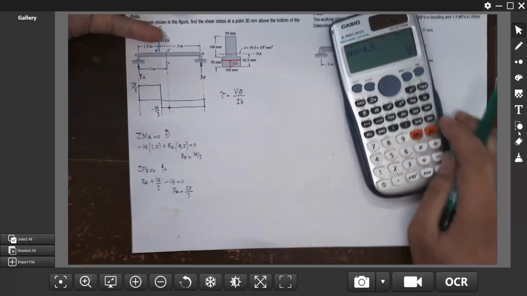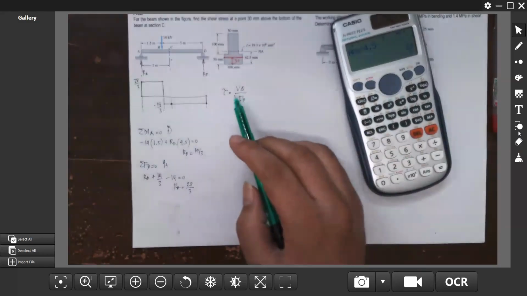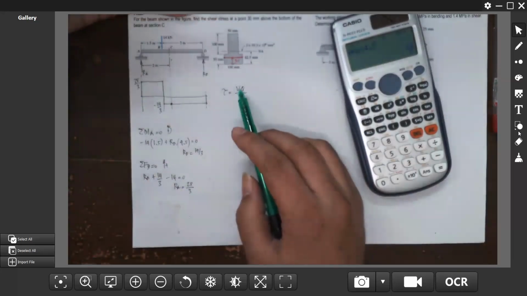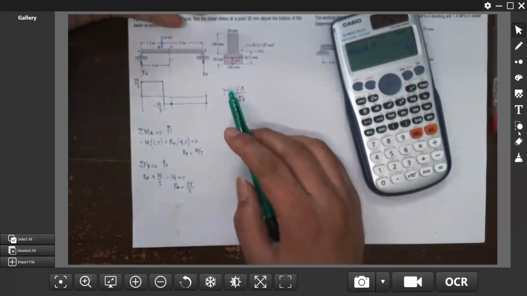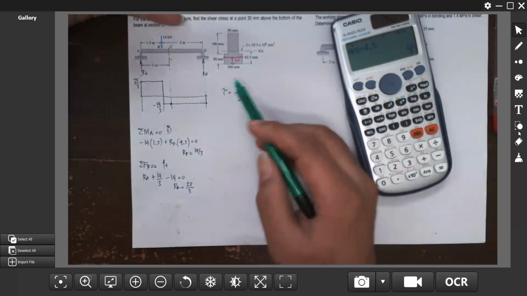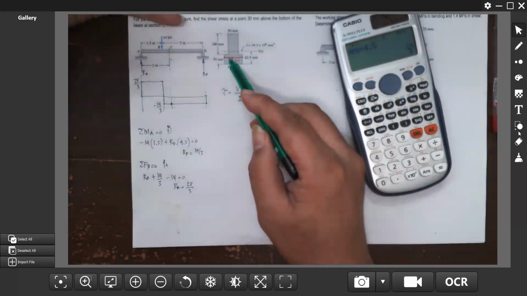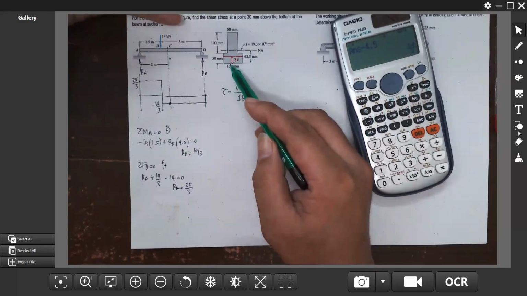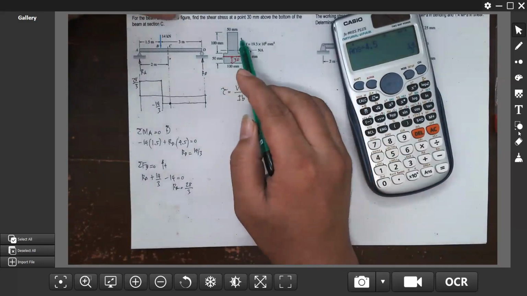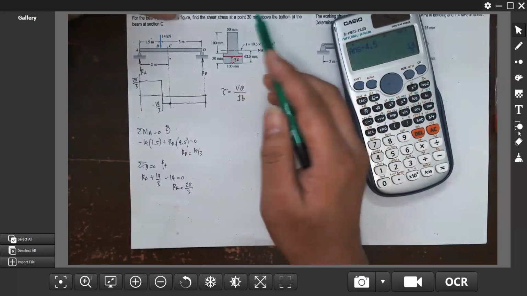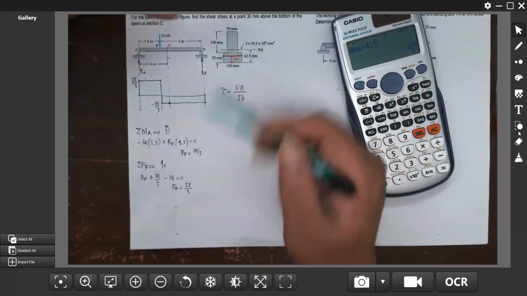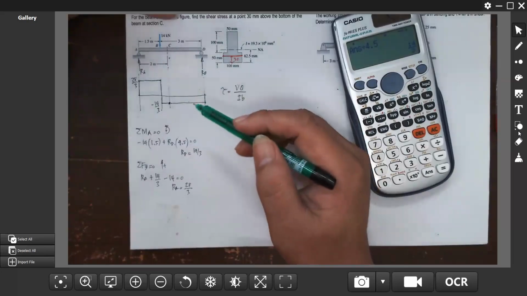Just to explain, in getting Q, you may consider the area below the cutting section or the area above the cutting section, case to case. For this one, it's easier to consider the area below the cutting section. But if the point is higher up, it's easier to analyze the area above the cutting section. But take note that the result is the same. Only the sign differs, positive and negative.